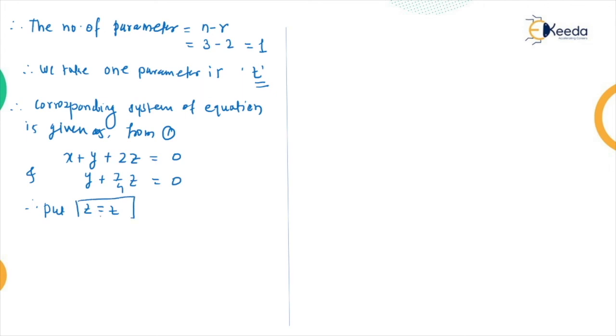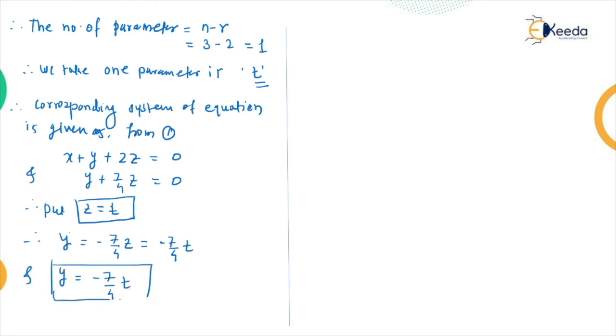Now we get the values of x and y. Put z equal to t, therefore y equals minus 7 divided by 4 into t. This is the second value we got.